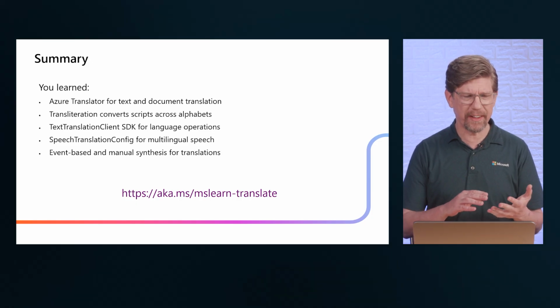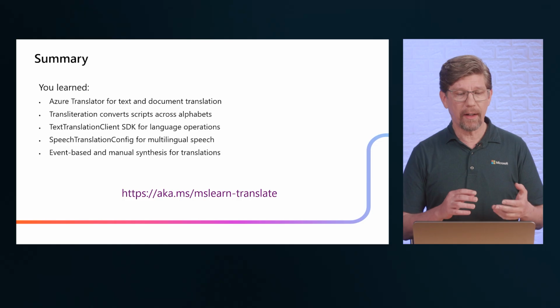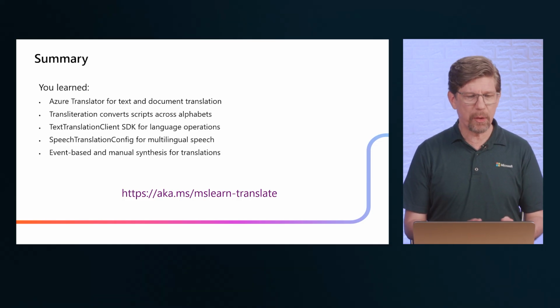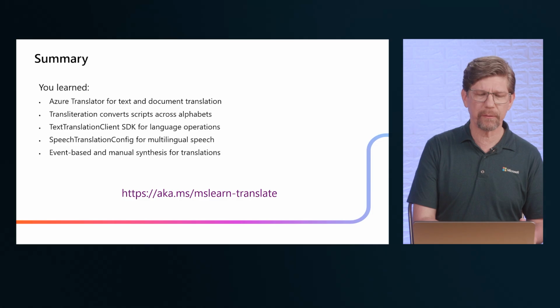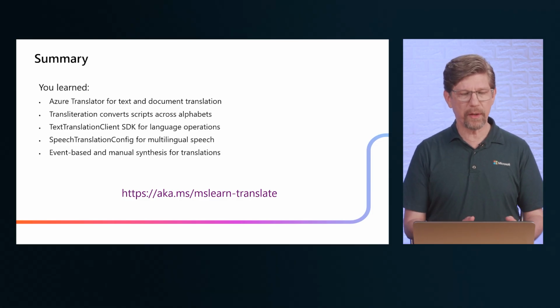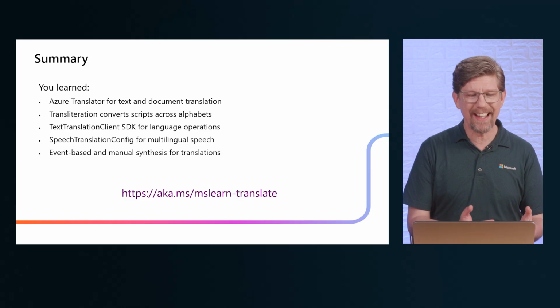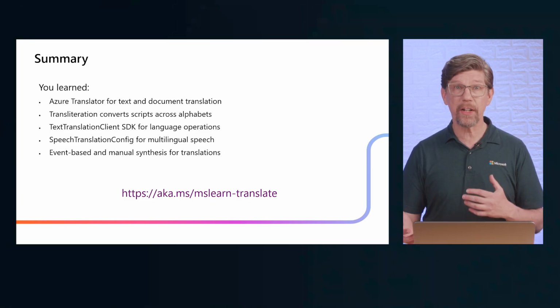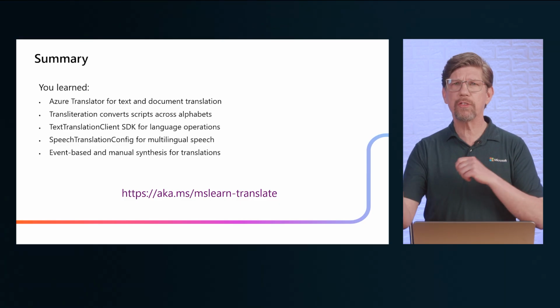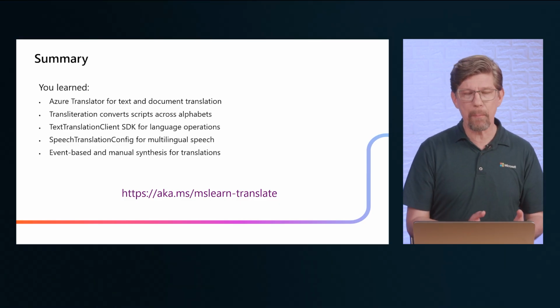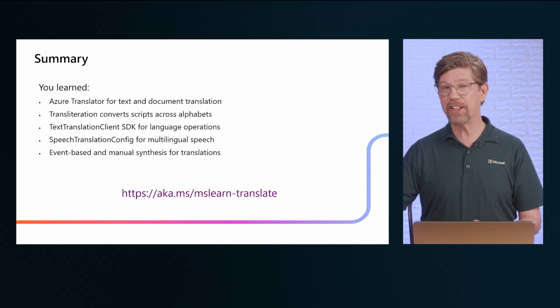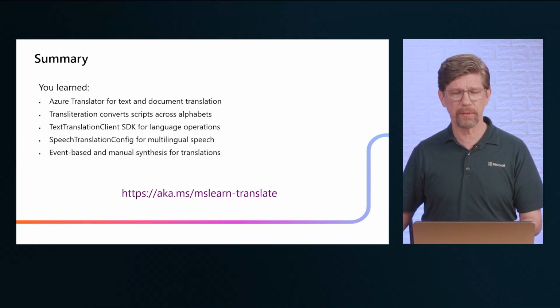We saw the capability of transliteration and worked through the SDK, both configuring the speech translation configuration object and looking at the 2 different strategies that we might have, event-based, good for more real-time translation, and the manual synthesis, much more helpful when we need to use multiple languages as our output. In this session, we made our solutions multilingual. We enhanced our application using Azure AI Translator for text and speech translation.